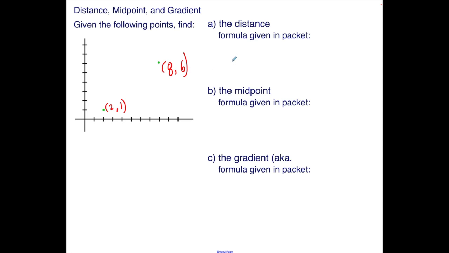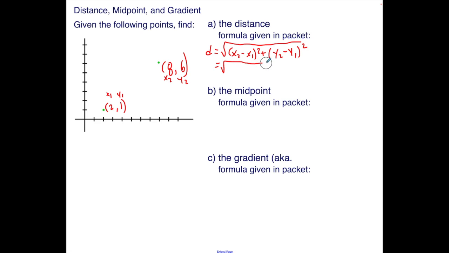All right, to find the distance, we're going to use a formula that's given in your packet, which is d equals square root of (x2 minus x1) squared plus (y2 minus y1) squared. And you see here we have x1, y1, x2, y2. And we just substitute them in.